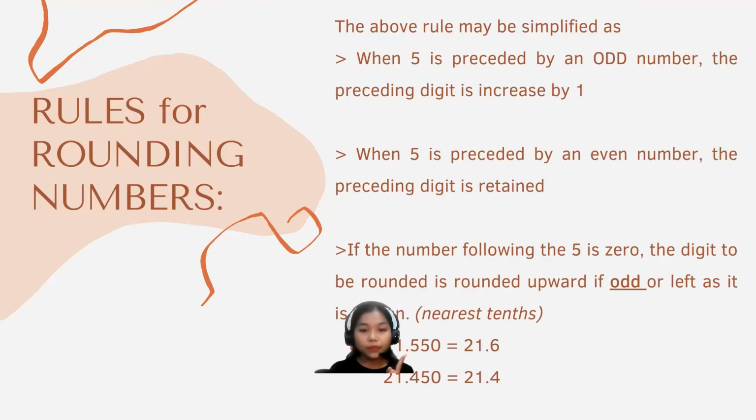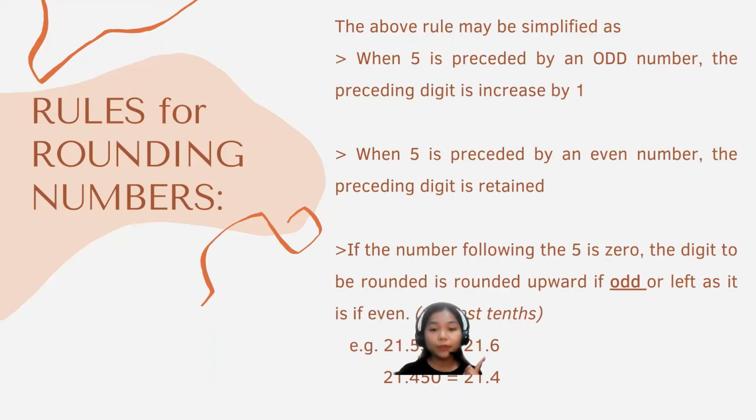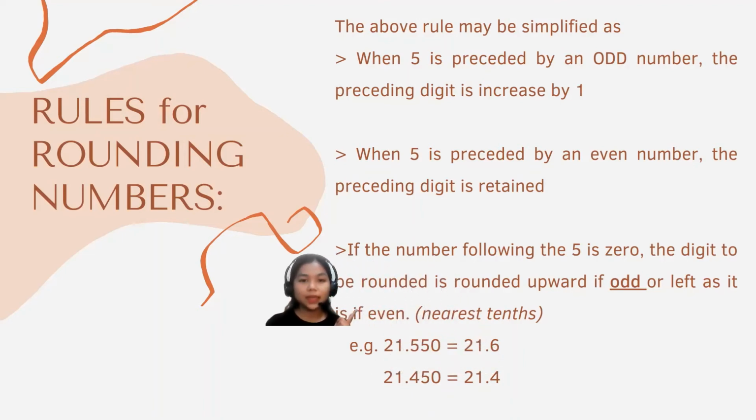So the value after 0.5 is 5, and then it is actually followed by 0. 5 is an odd number, thereby adding 1 for it to become, actually it's not 1, it's 0.1. It's so literal to say 1.